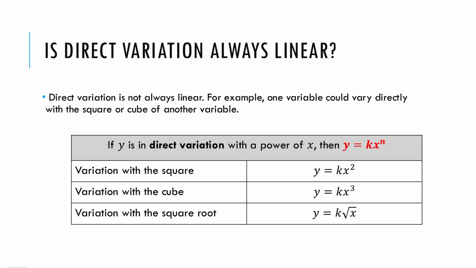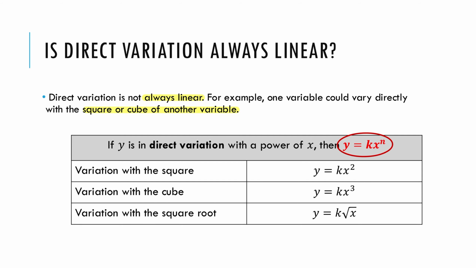Now, there are some instances where direct variation isn't always linear. So here, it's not always linear. For example, one variable could vary directly with the square or cube of another variable. So if we look at this gray part here of the table, if y is in direct variation with a power of x, then notice that we get this formula right here.